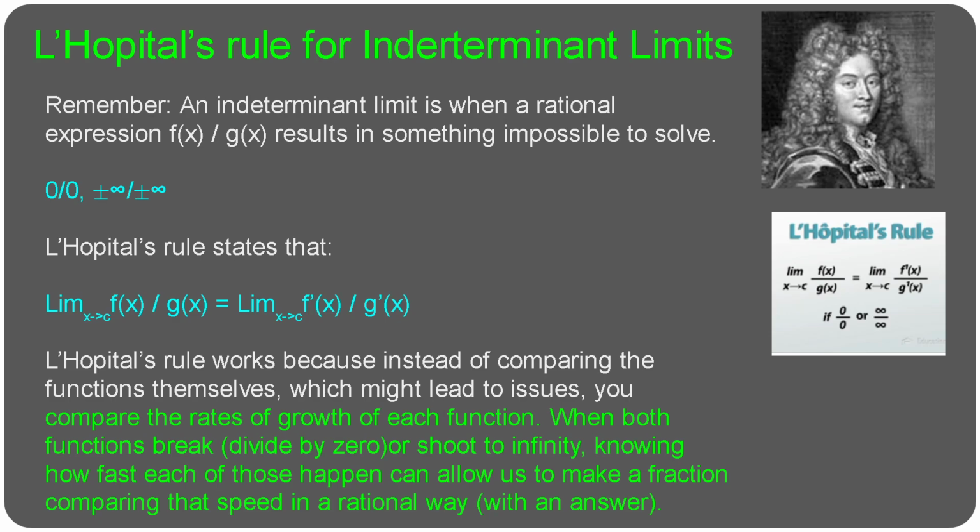So when it breaks, it's still helpful to know for a limit how fast that happens. And what better to tell you how fast something happens than its derivative. So you can compare the rates of change in a limit and still get the same answer as the original limit.